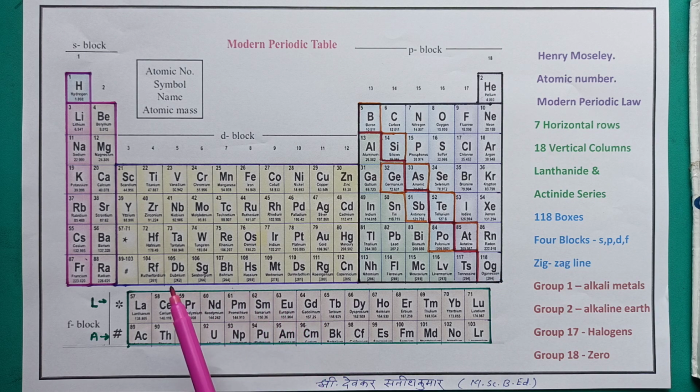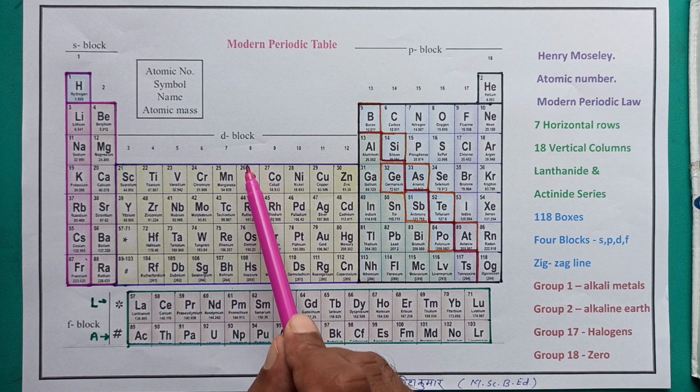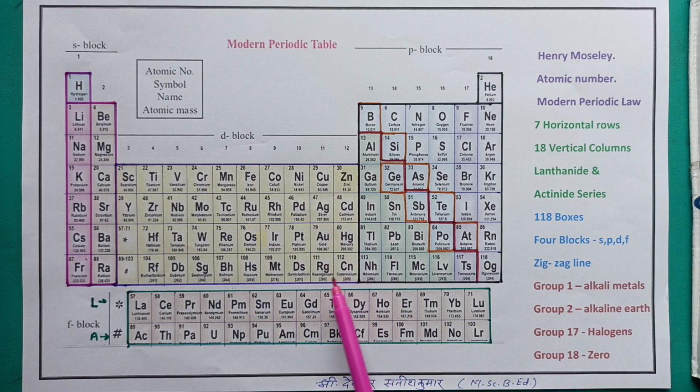Then the D block elements contain groups 3 to 12, and these D block elements are also called transition elements. Then the last block, the F block, contains the lanthanide series and actinide series.